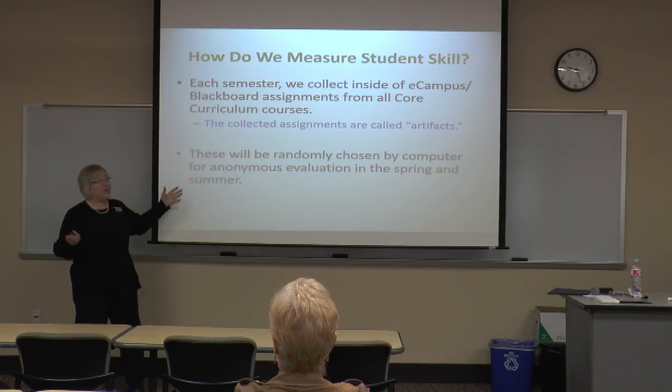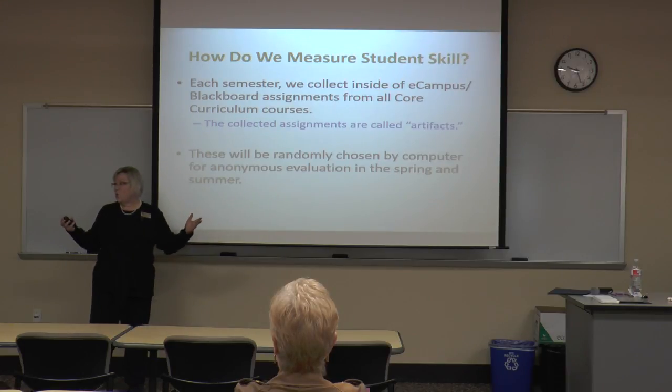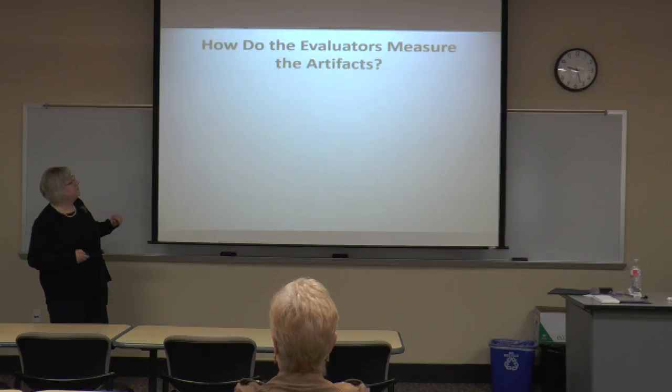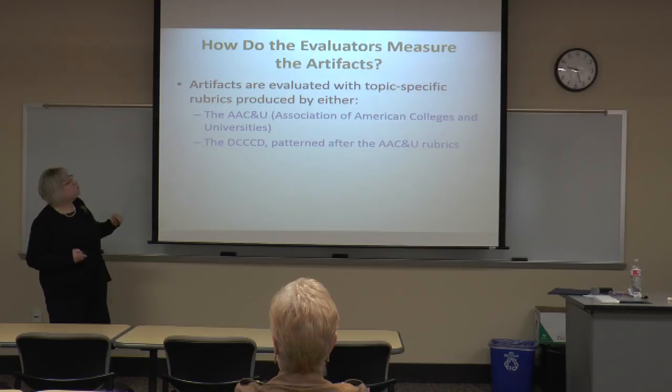And then we evaluate them. We score them blindly. We have a group of faculty members who volunteer to just spend the extra time reading these things and scoring them. So how that works, it is anonymous, is this way.